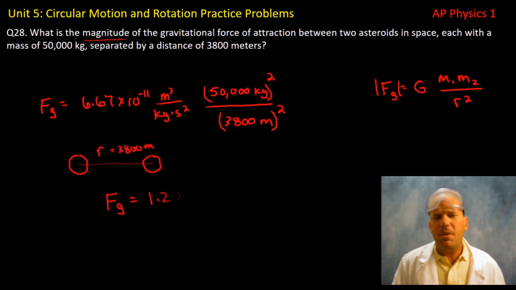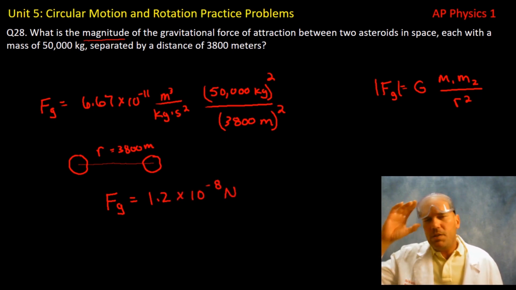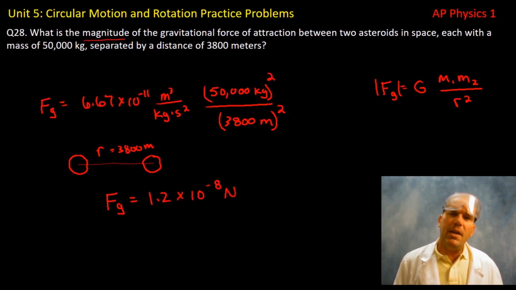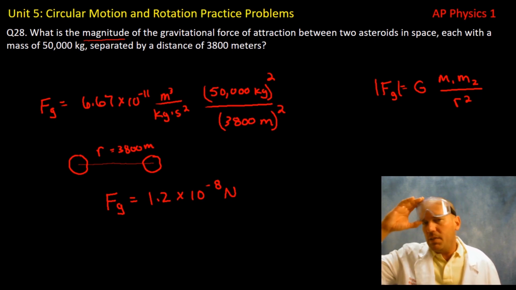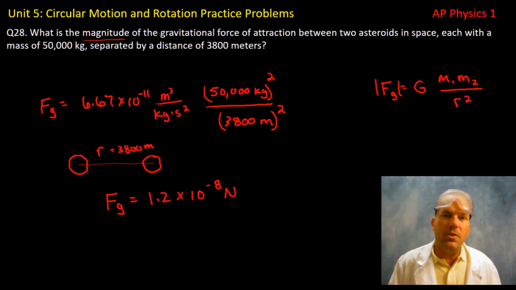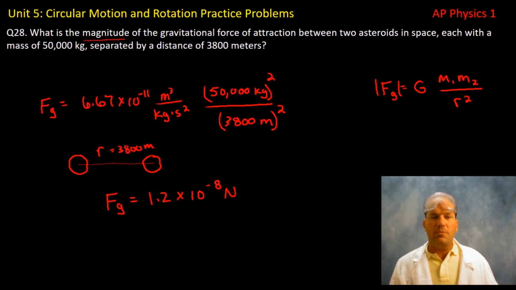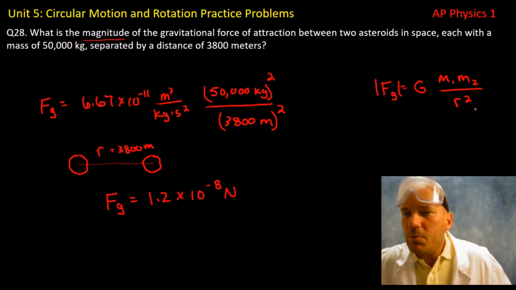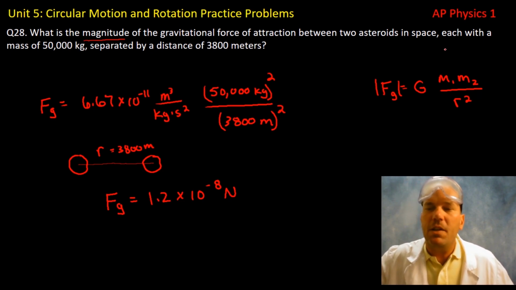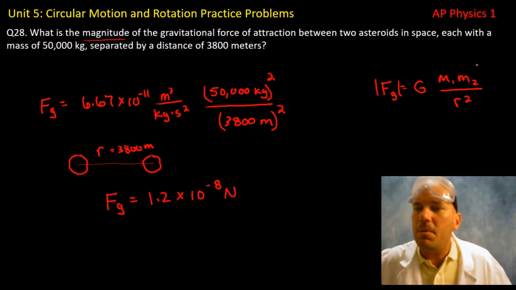Let's look at the problem and recall that r, which is in our denominator, and squared, is going to be the distance between the center of mass of the two objects, in this case 3,800 meters. So we have a classic inverse squared relationship here that we're going to get into in some of these upcoming problems.